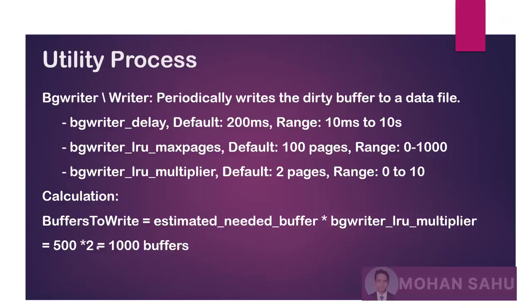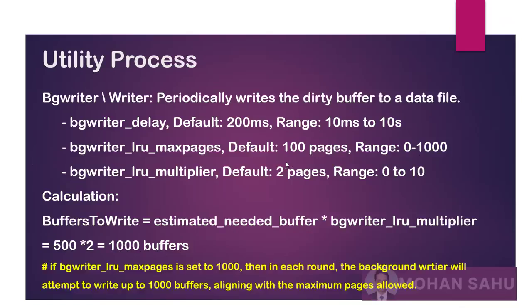It will not write 1500 buffers, right? The max limit is defined by bgwriter_lru_maxpages. So this is what is written: if bgwriter_lru_maxpages is set to 1000, then in each round the background writer will attempt to write 1000 buffers, aligning with the maximum pages allowed.